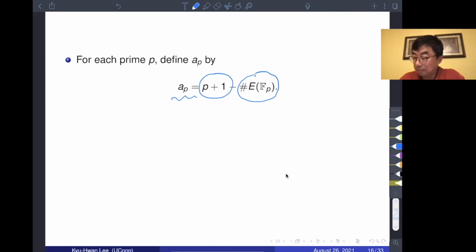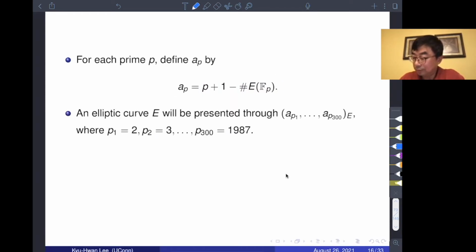It's a_p. An elliptic curve E will be presented through these 300 numbers. All these are primes. The 300th prime is 1987.